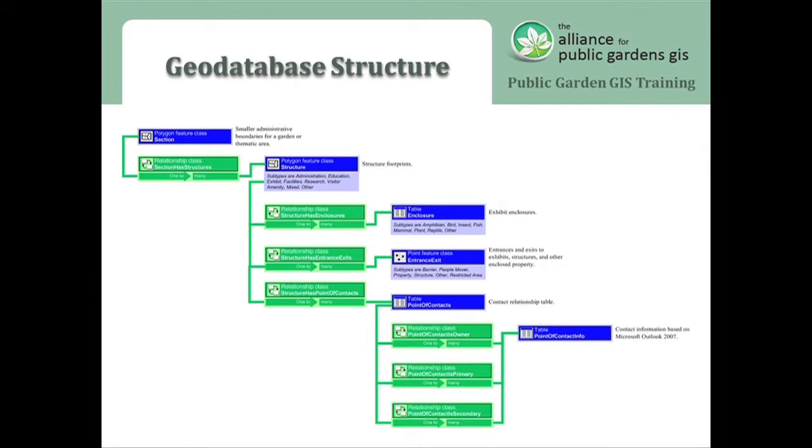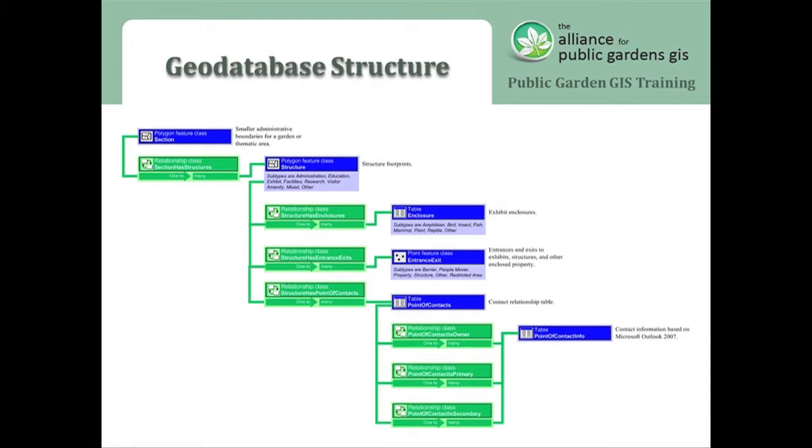Once you've identified the entrances and exits to buildings, and the entrances and exits to your property, and any other entrances and exits through any barriers that you may have on your property, you can then route people from point A to point B and produce things like visitor maps and emergency management maps and things like that.